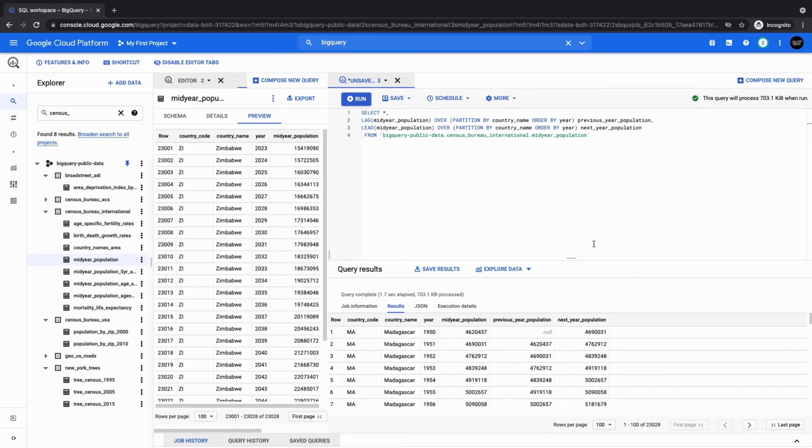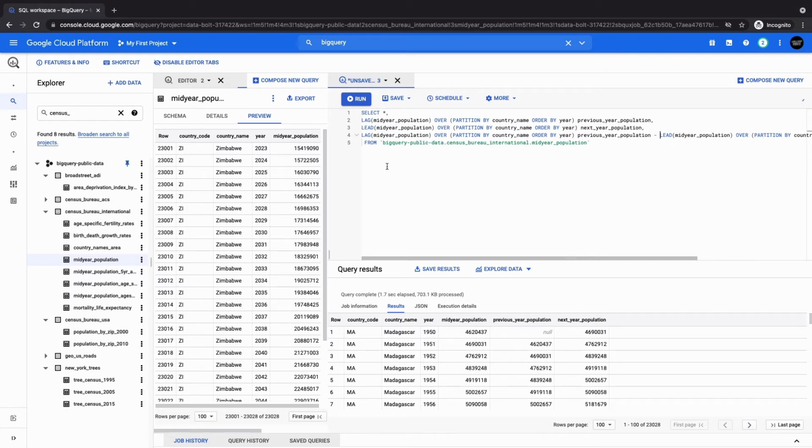And it just gives you an idea if you would like, for instance, to calculate the difference, of how the population is increasing in Madagascar. Now here what you do is you create an extra column, which is doing a minus. So we want to see how the population is increasing year over year, right?